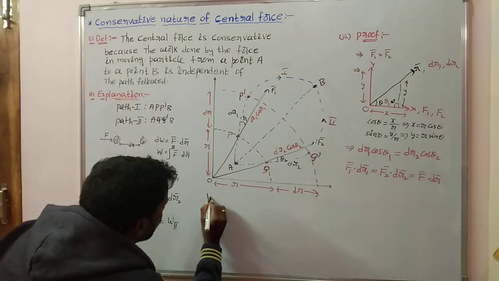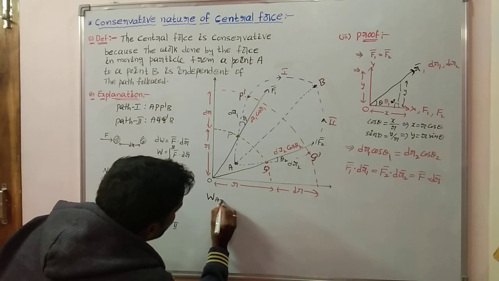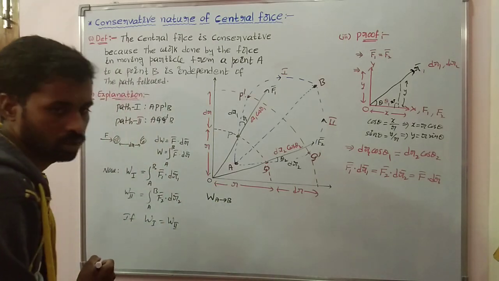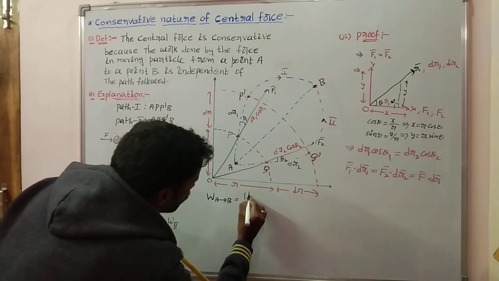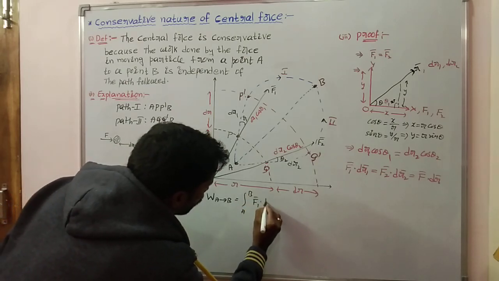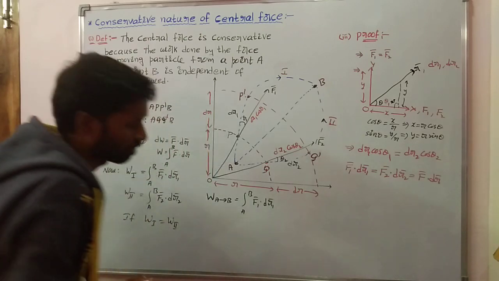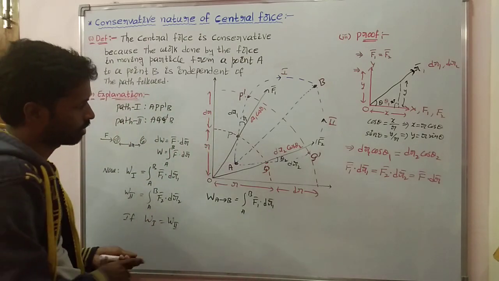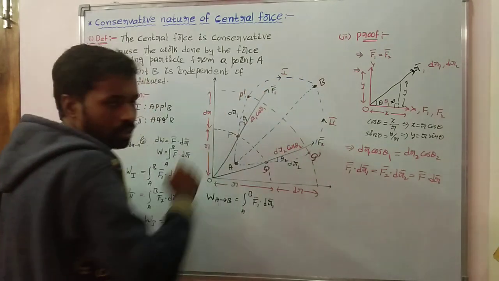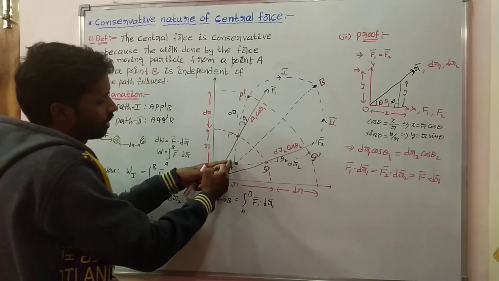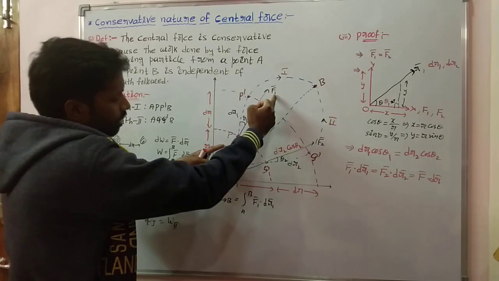Now, work done from A to B. What is the formula? Integral A to B F1 bar dot dr1 bar, work done from A to B along path 1. Now we applied a force, F1.